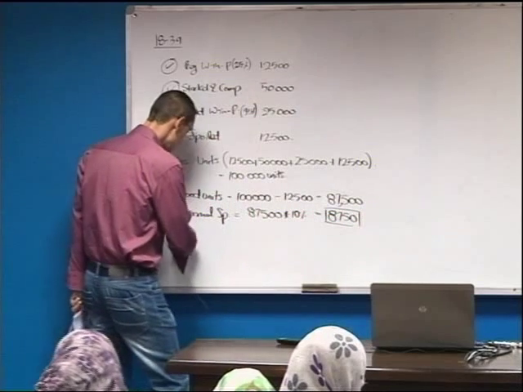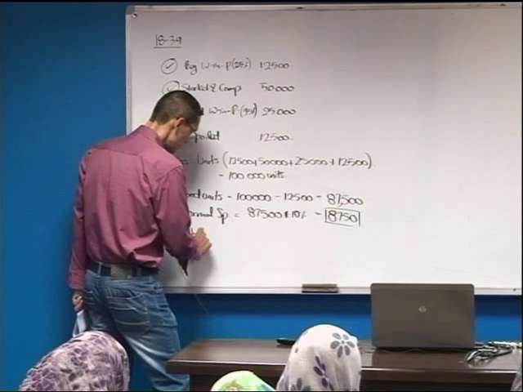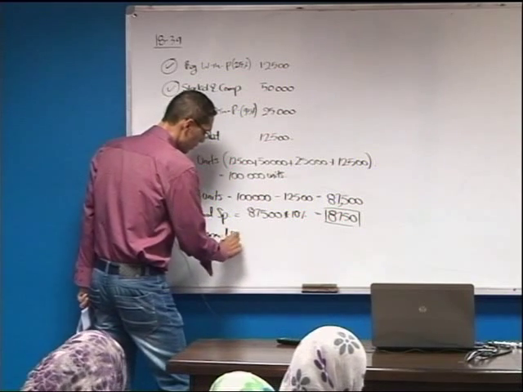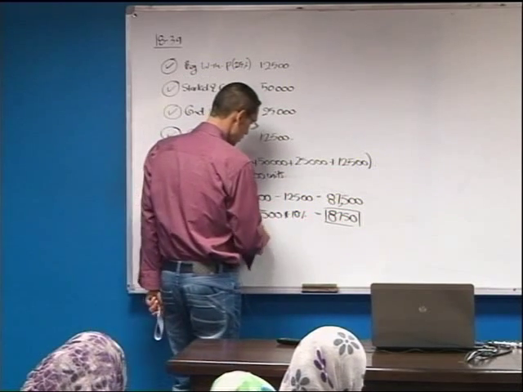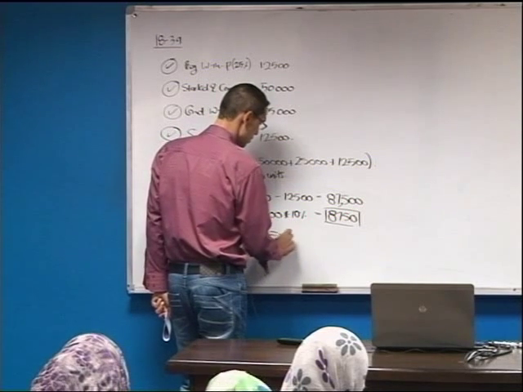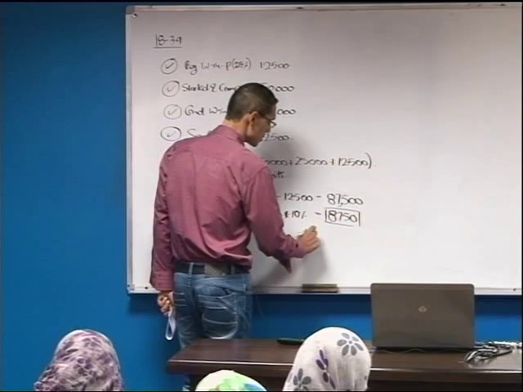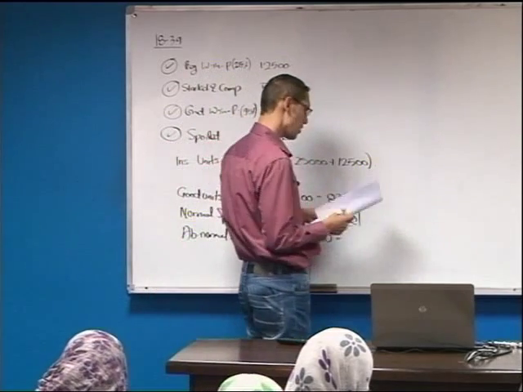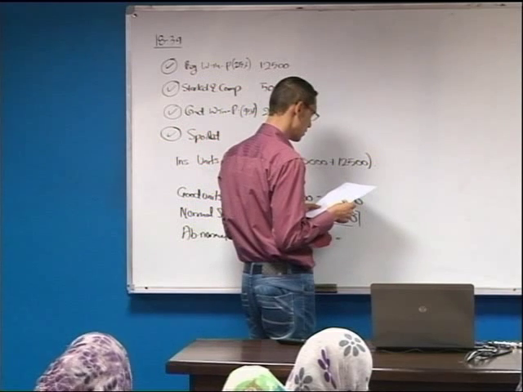And of course, the abnormal spoilage would be the 12,500 units minus the 8,750, which are considered normal. It would be 3,250.